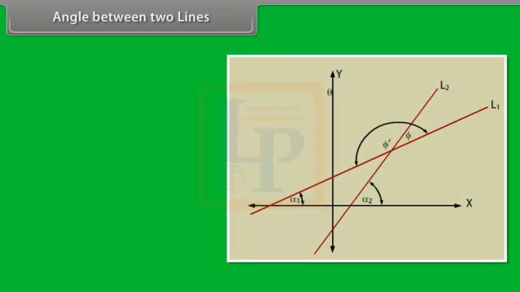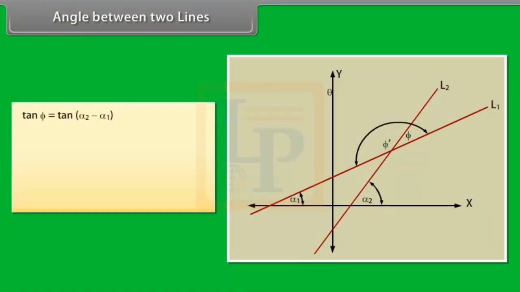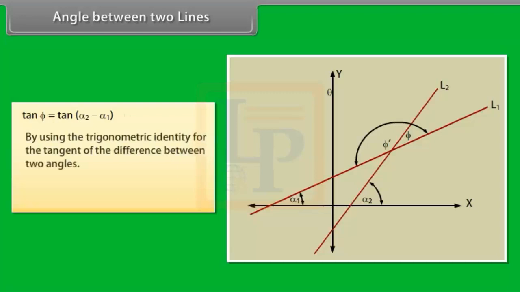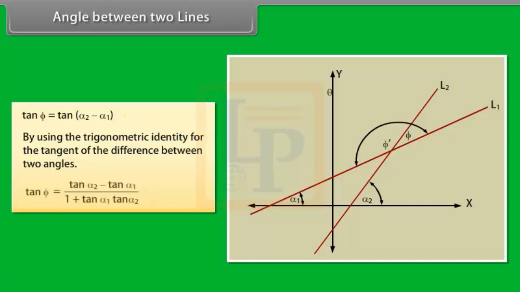From the slopes of lines L1 and L2, tan phi = tan(alpha 2 - alpha 1). By using the trigonometric identity for the tangent of the difference between two angles, tan phi = (tan alpha 2 - tan alpha 1)/(1 + tan alpha 1 tan alpha 2).